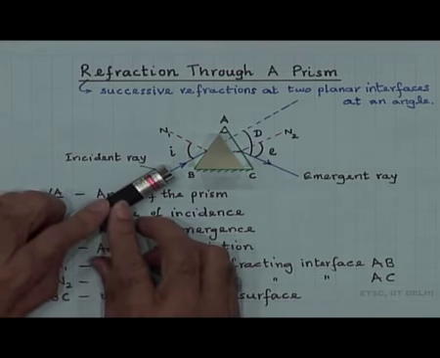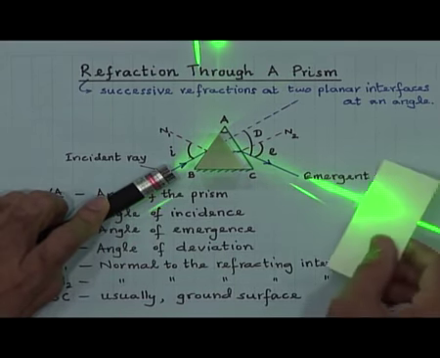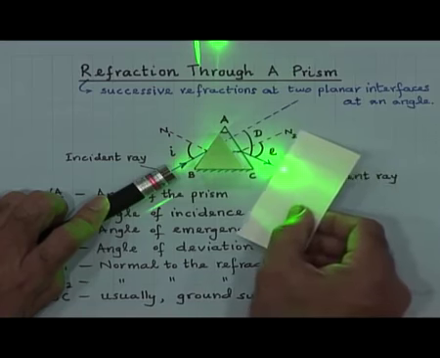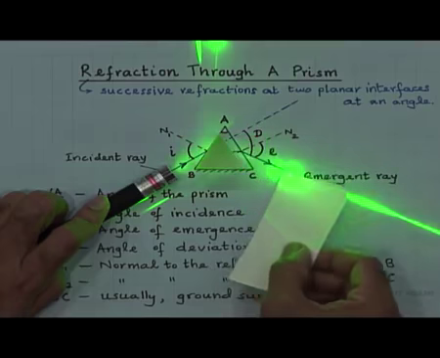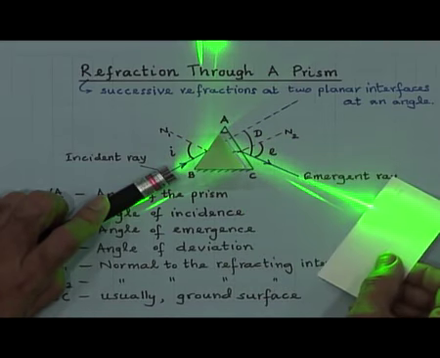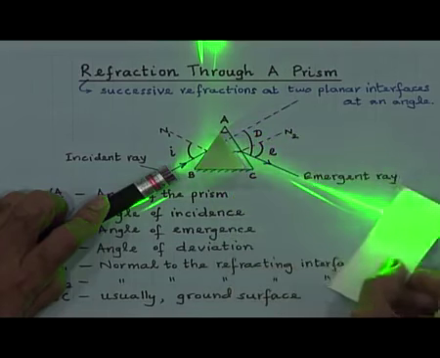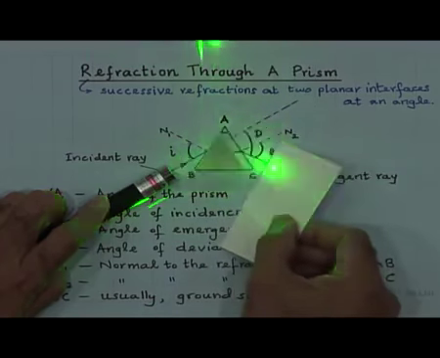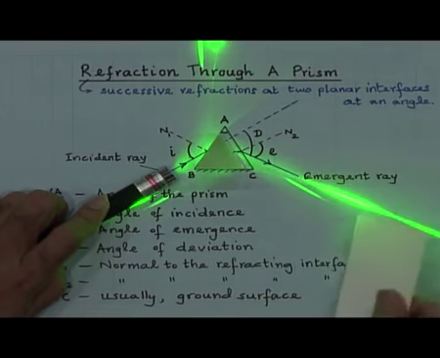Here is the laser beam, and we can see that the beam comes onto the other side along the other line which I have drawn. The laser beam is coming along the emerging ray after refraction through the prism.